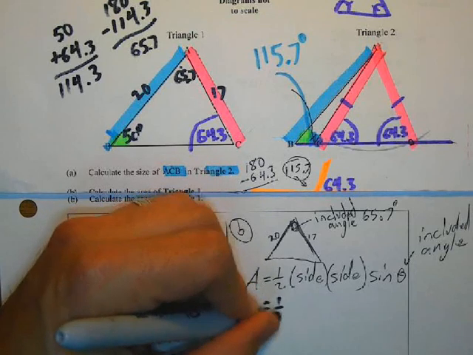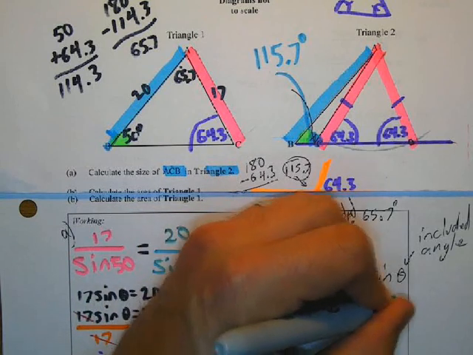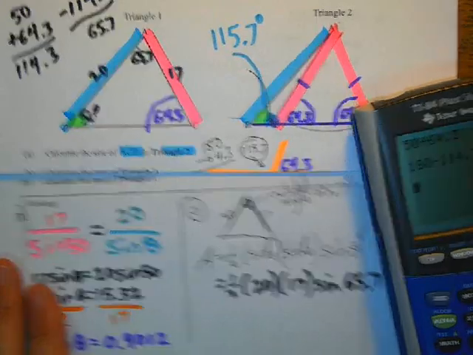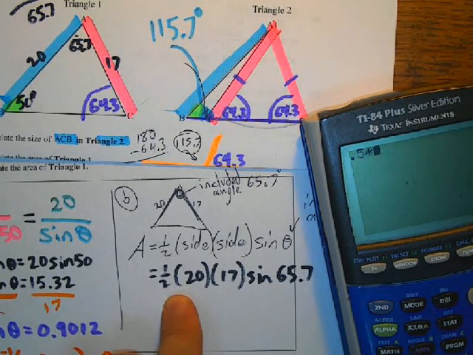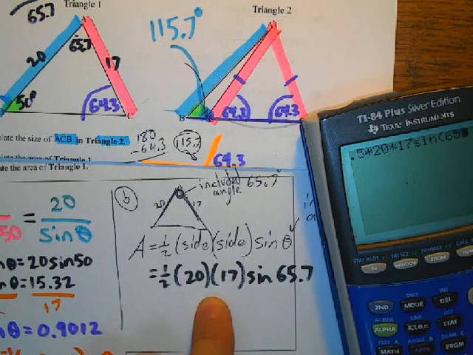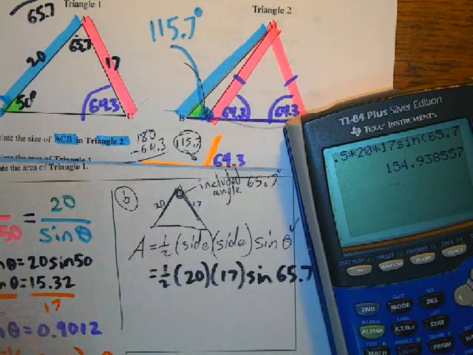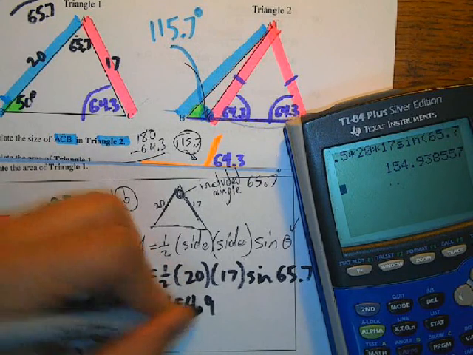So now I can go ahead and solve it. 1/2 times 20 times 17 times sine 65.7. Let's do that. Okay, clear. 0.5 times 20 times 17 sine 65.7. Enter. And I know the area equals 154.9. What are the units?